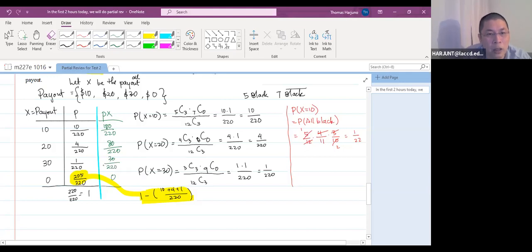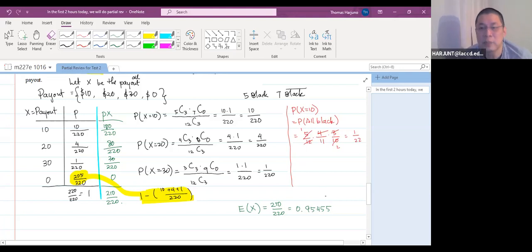When I add this, I get 210 over 220. So the expected payout is 210 over 220, which is 0.95454545, and you round it to 5 decimal places.